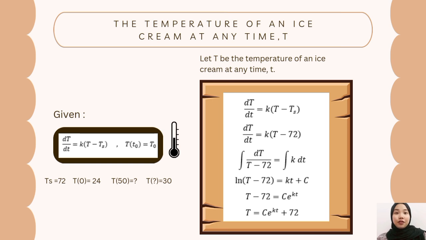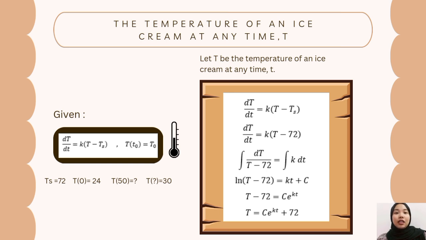Now, let's solve this problem. In order to solve this problem, we need to find the temperature of an ice cream at any time t by using Newton's law of cooling, where the formula is provided on this slide, where dT over dt is equal to k(T minus Ts). So let T be the temperature of an ice cream at any time t.